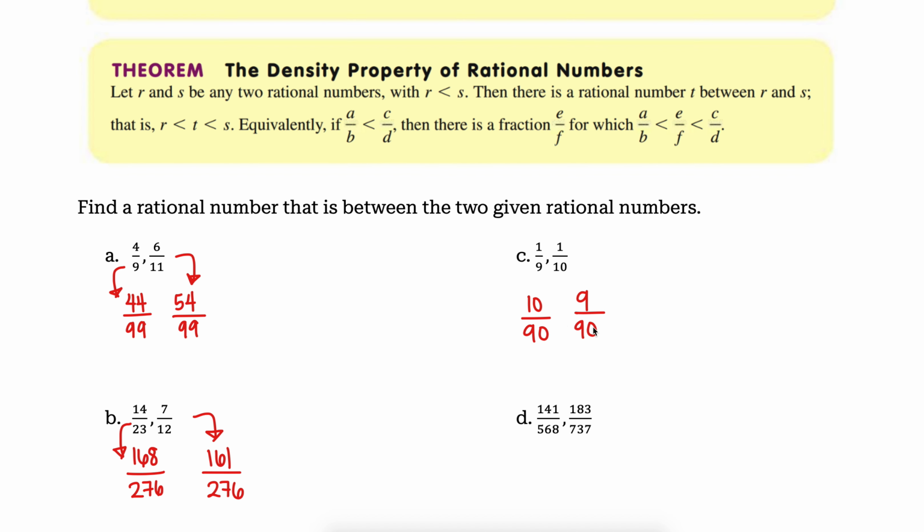What you can do is just double each fraction. And what I mean by that is multiply top and bottom by 2. So we're not really doubling it. So we would have 20 over 180 and 18 over 180. So what's between them? 19 over 180.